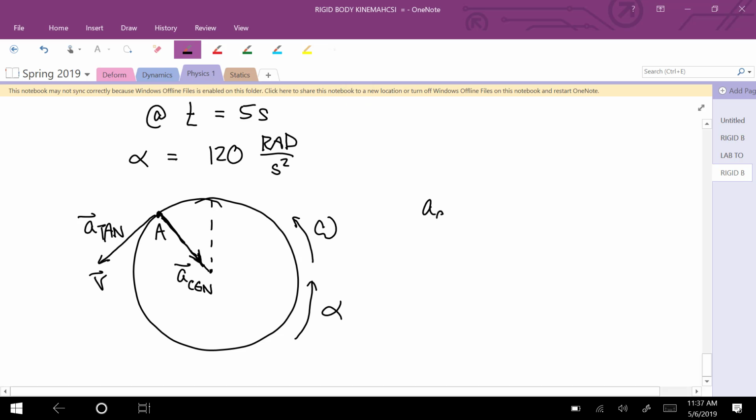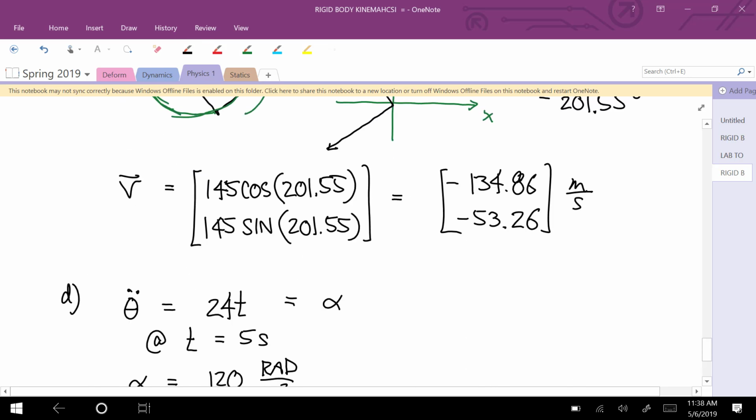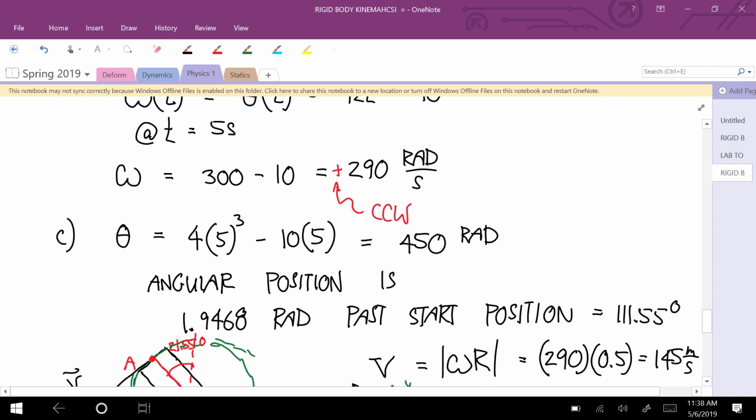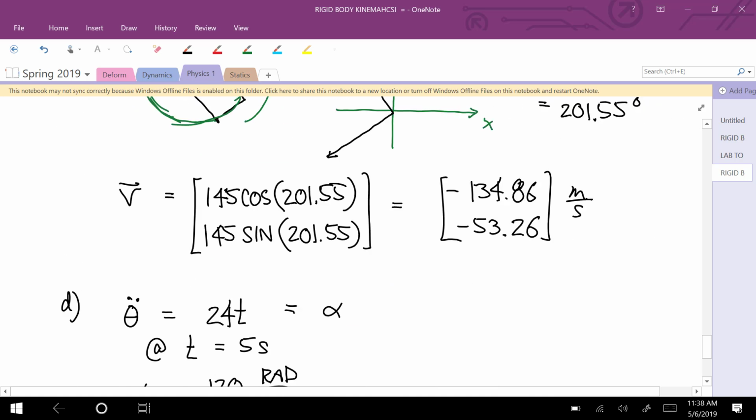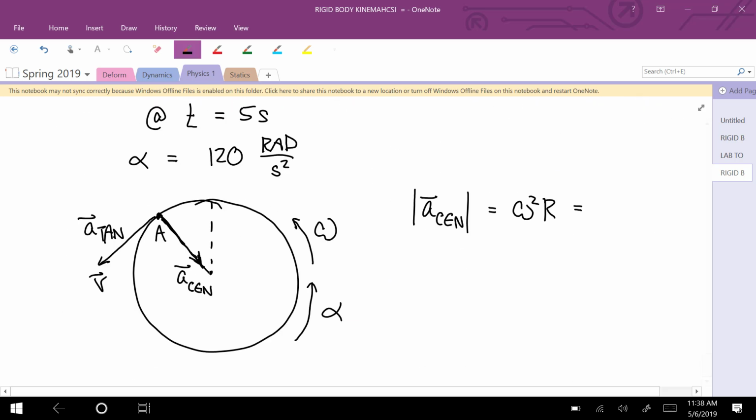The magnitude of the centripetal acceleration is omega squared r. And at time equals 5 seconds, omega was 290. So 290 squared times 0.5.